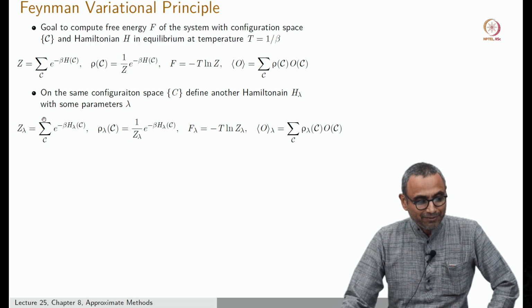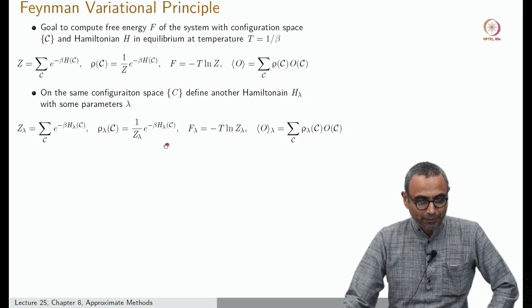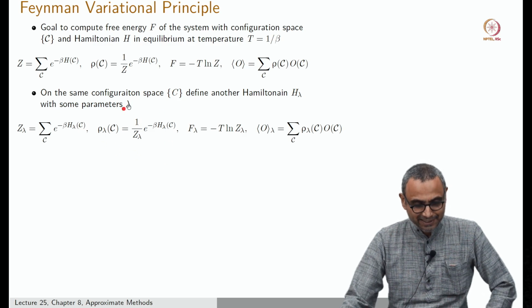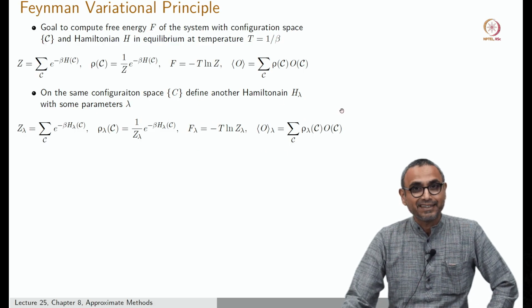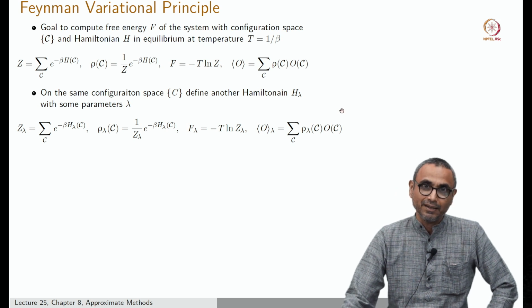Then from here we will compute the partition function associated with this H lambda. We will have a Gibbs probability distribution associated with the lambda system, and there is a free energy associated with that, and you can compute any observable using this ensemble as well.